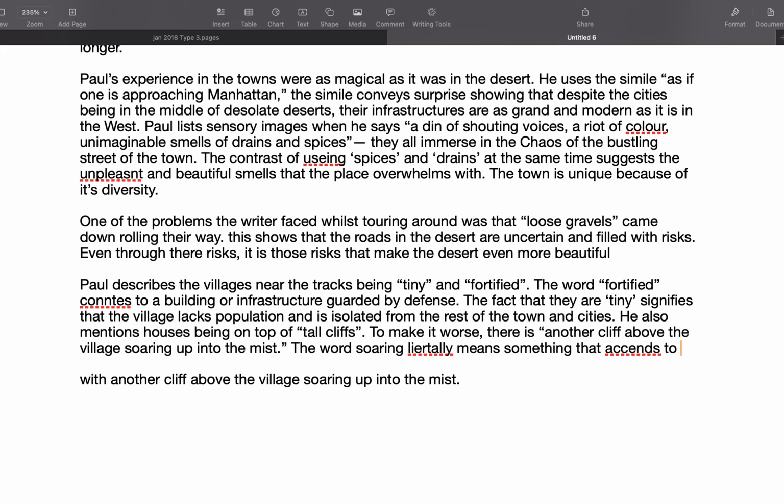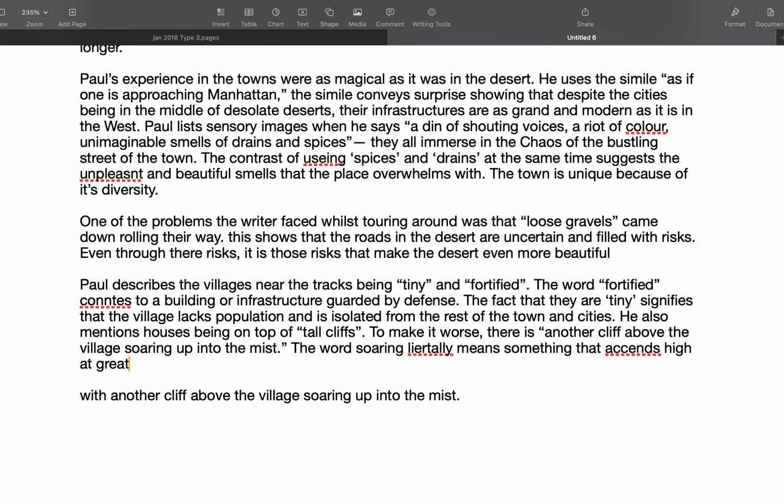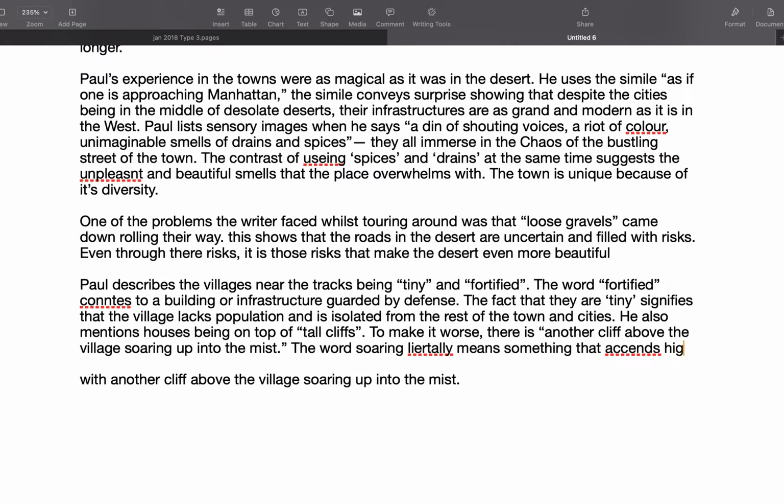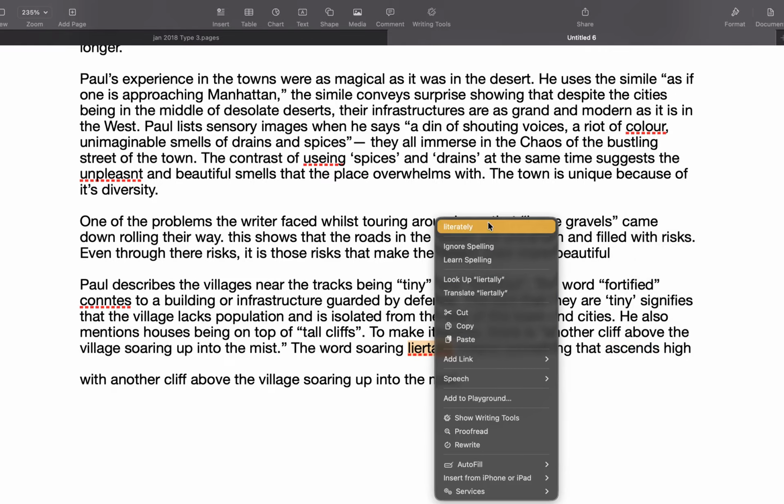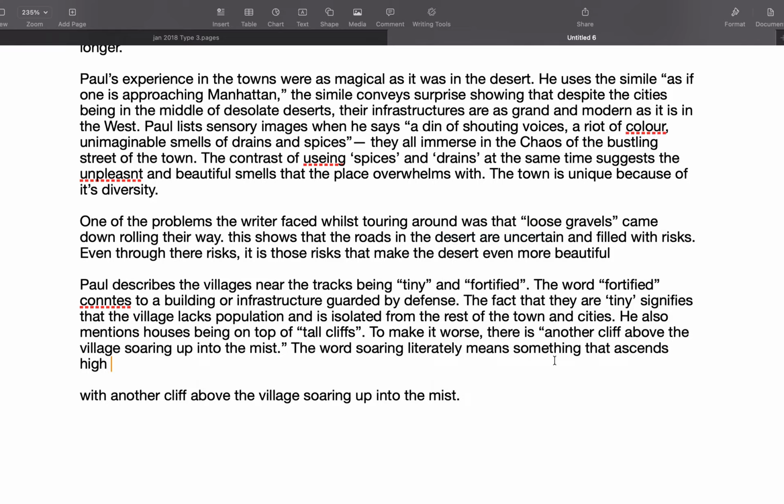Ascends high at great speed, though you don't even have to say great speed. Soaring, it's just so high. It goes high, you crane your head up, it keeps going and going. God knows when it ends, right? Ascends very high.